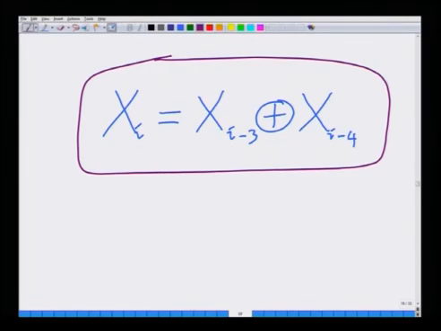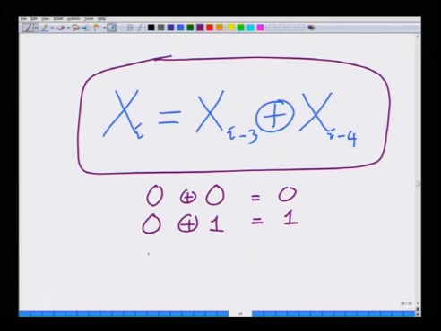Let me remind you about the XOR operation. If I have the four cases, 0 XOR 0 equals 0, 0 XOR 1 equals 1, 1 XOR 0 equals 1, and 1 XOR 1 equals 0.